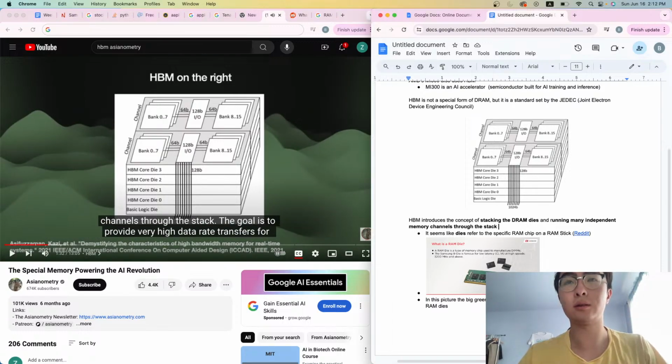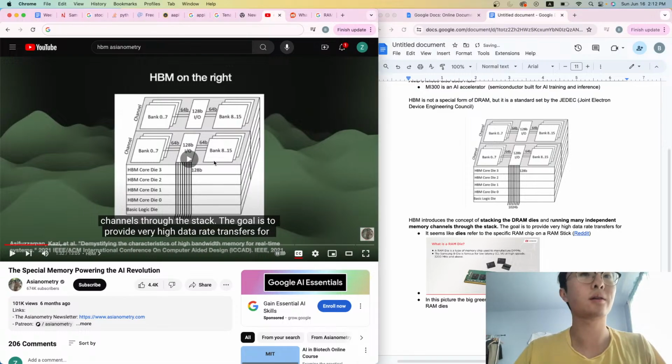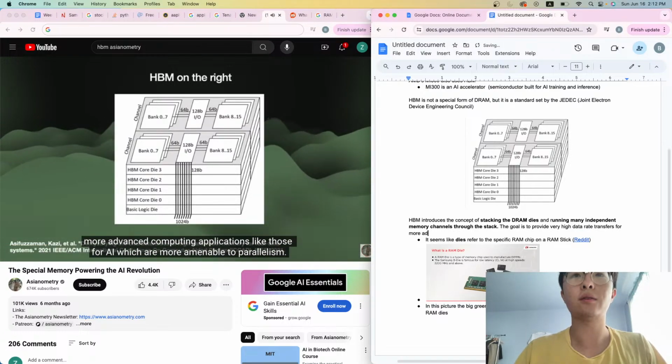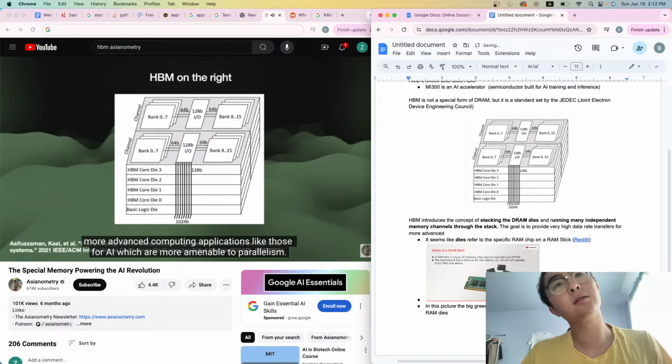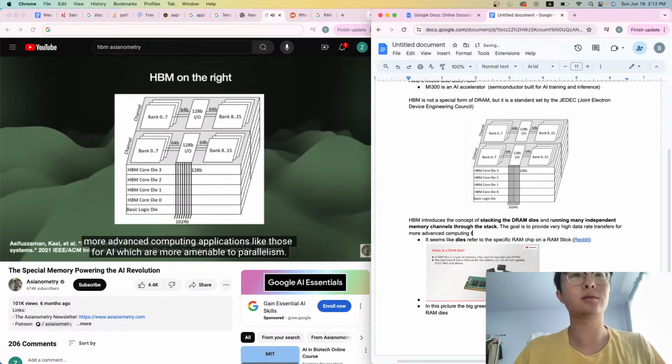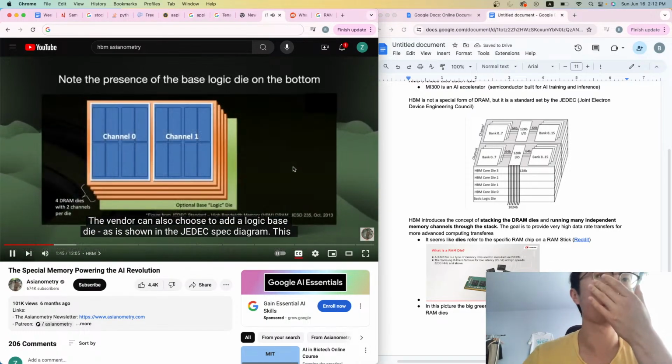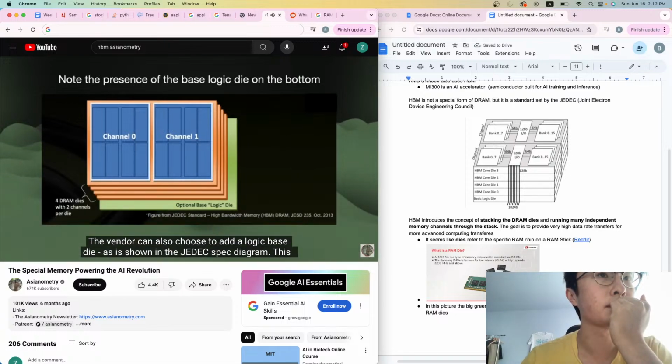Okay, so yeah, the goal is to provide very high data rate transfers for more advanced computing applications, like those for AI, which are more amenable to parallelism. The vendor can also choose to add a logic base die, as is shown in the JEDEC spec diagram.